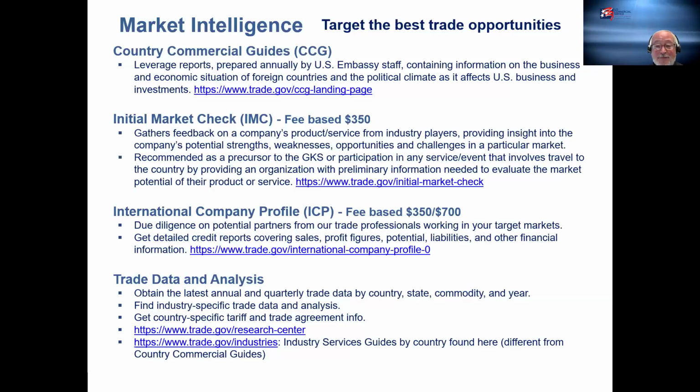background check for you. And the two fees that are listed there, one is for a light touch, we call it, or an in-depth report. The light touch is a media scan, checking to verify their ownership structure and their registrations within their country.